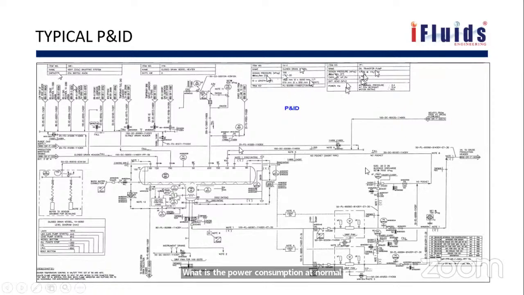If you see this, you have this 25-inch line. The line number shows the line size, what is the fluid processed, what is the fluid number, what is the metallurgy, everything is available in this line number.